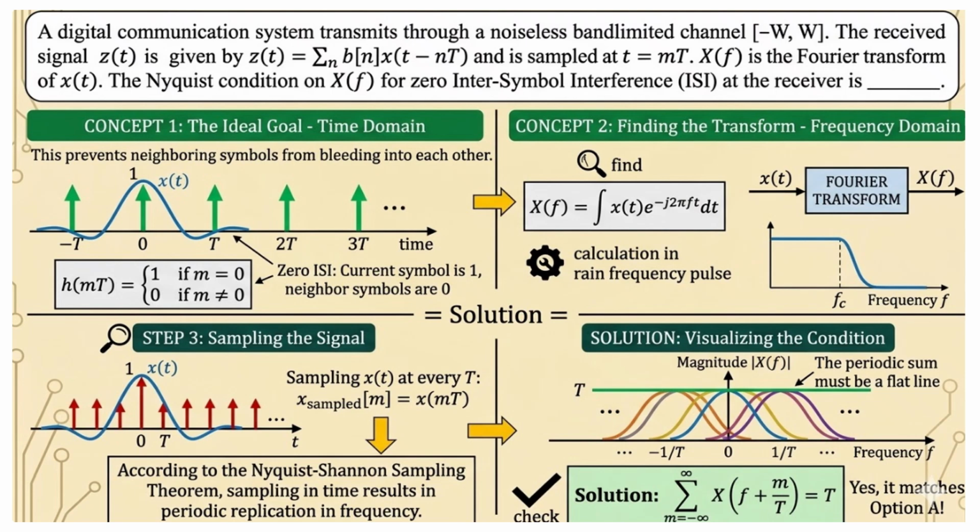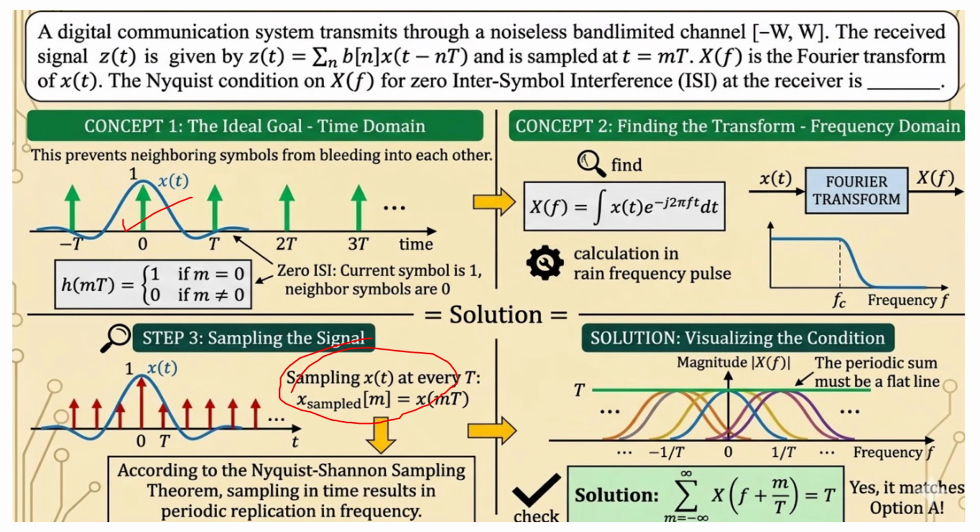Okay, so digital communication system. Same question only. Whenever you are transmitting with respect to some sampling theorem and pulse train, you have to convert from time to frequency domain. The major issue is that whenever you are sampling, at every sample, that is x(mT). According to the Nyquist sampling theorem, sampling in time results in periodic replication in frequency, which is the major advantage here.